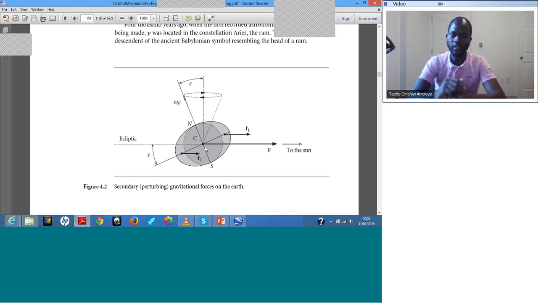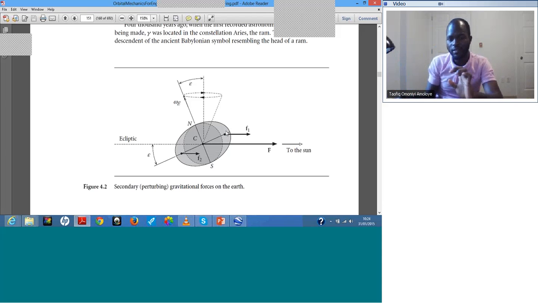And what this means then is that the region of mass over here is closer to the Sun than the region of mass over there is at this instant in time that we are looking at.